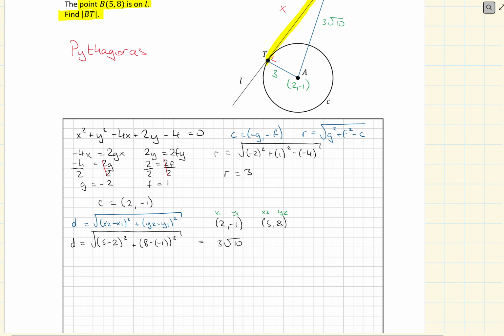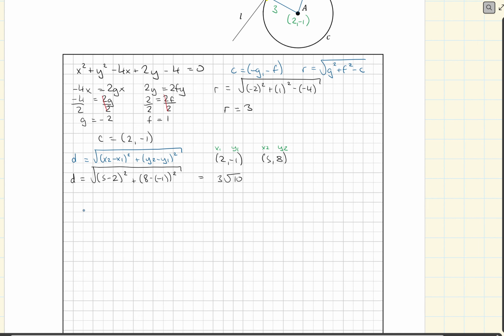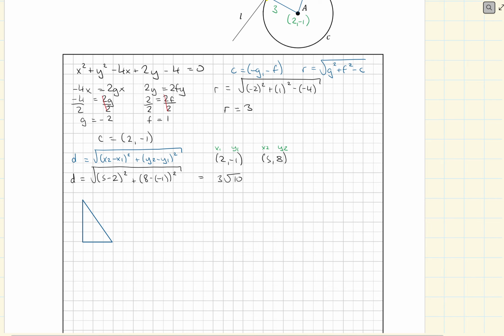It's just a quick sketch then of the triangle itself, just to simplify the shapes we're dealing with. We have a measurement of 3 root 10, and they've asked us to find x. We have, that was labelled A, B, and T. So now it's just Pythagoras. A squared equals B squared plus C squared.